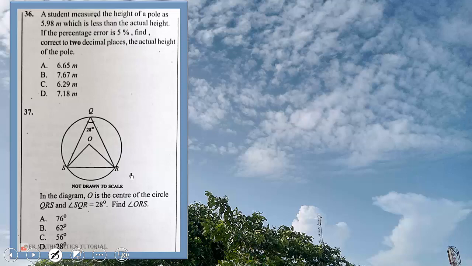So let the actual height be h. Then you're going to get this equation: h minus 5.98 over h times 100% should be equal to 5%. So if we drop the percentage sign, since it is common to both sides, we'll get 100 multiplying this.